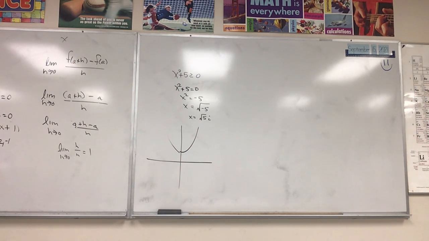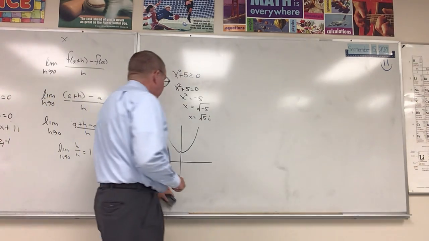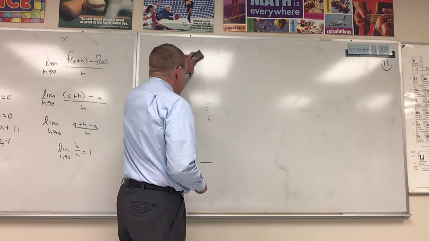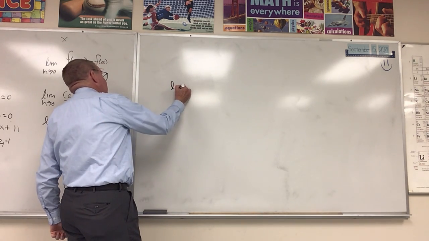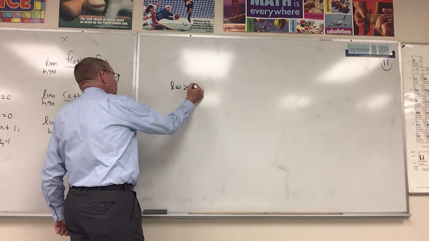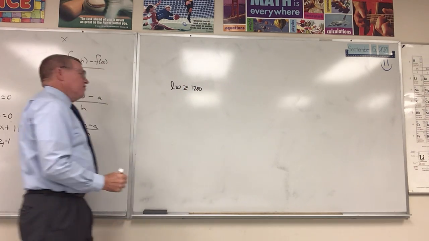Alright, 35. A rectangular enclosure must have an area of at least 1,200 square yards. How do I find the area of a rectangle? Length times width. So my length and my width must be at least 1,200.